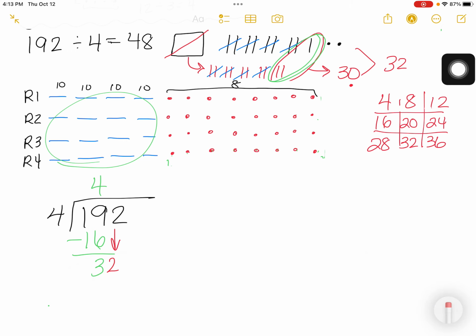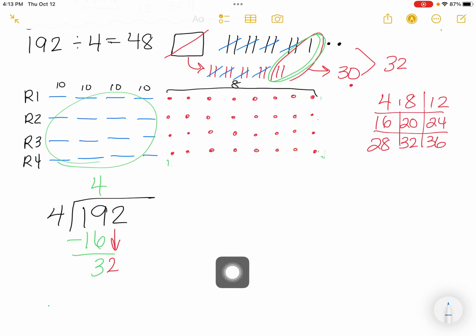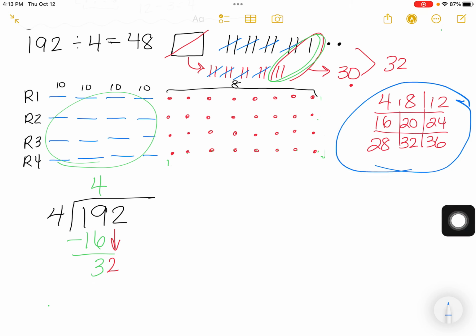Then we would go back here and match it to the multiplication fact. If I have 32 ones, just like here, I can count 1, 2, 3, 4, 5, 6, 7, 8. So I can make 8 even sections of 4.